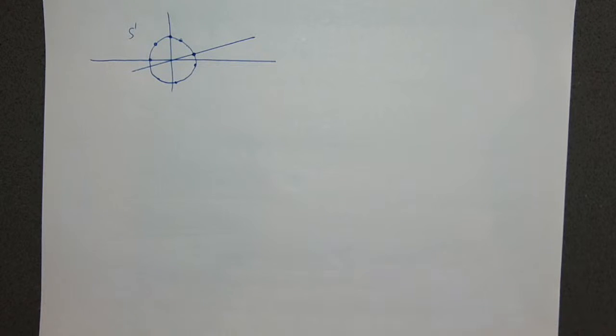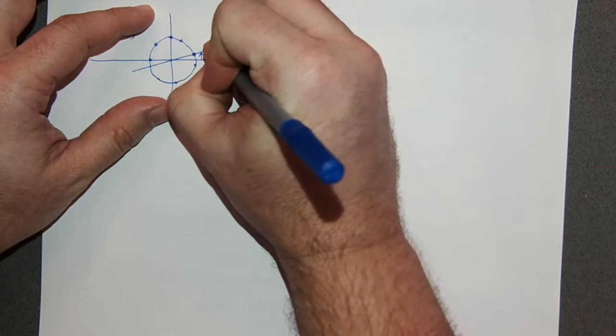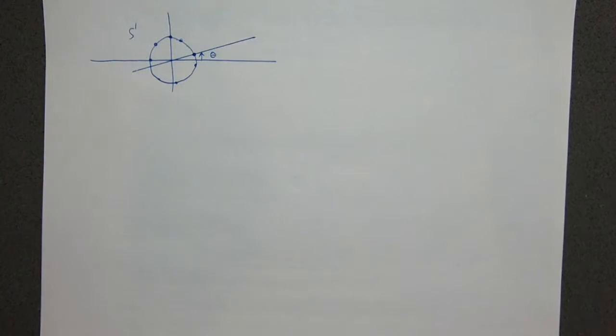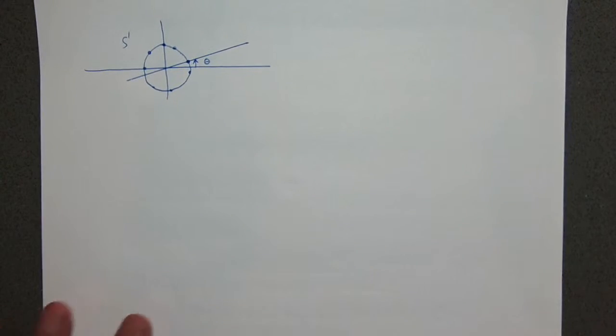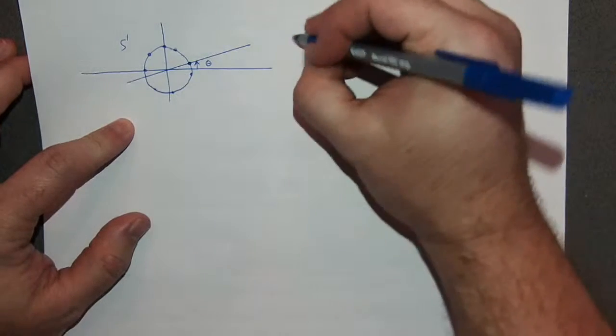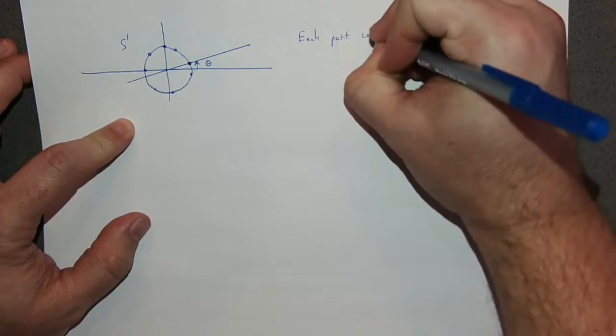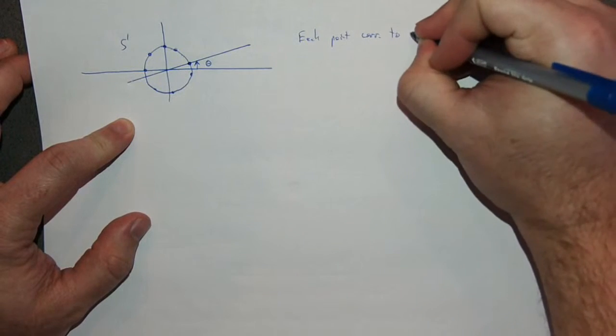Okay, and so really the rotation is determined by an angle, which is the angle between the initial and final positions. So each point corresponds to an angle.